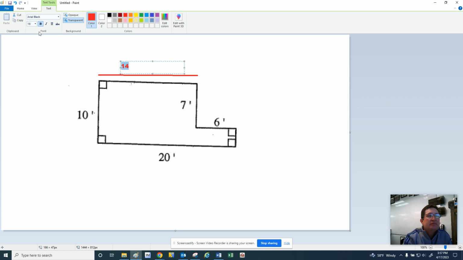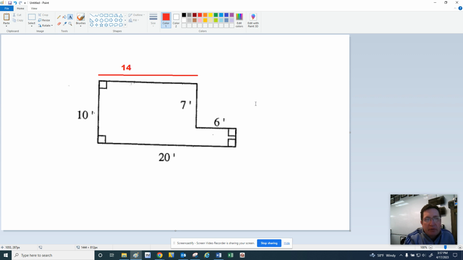And so the rectangle that I'm tracing here, it won't be perfect because of the angle of the picture, is 14 by 10.